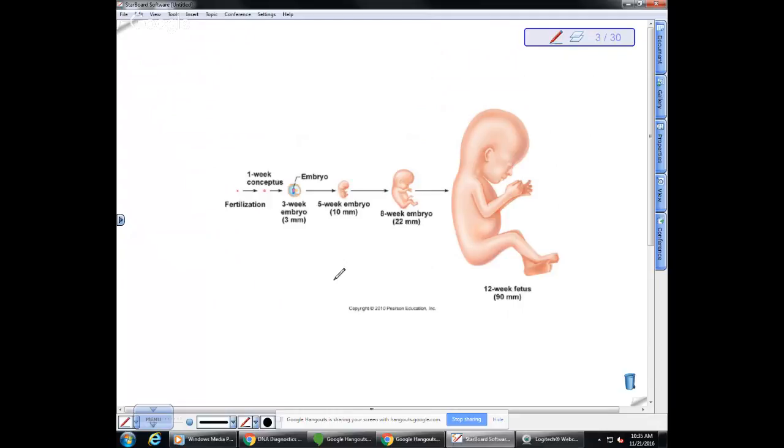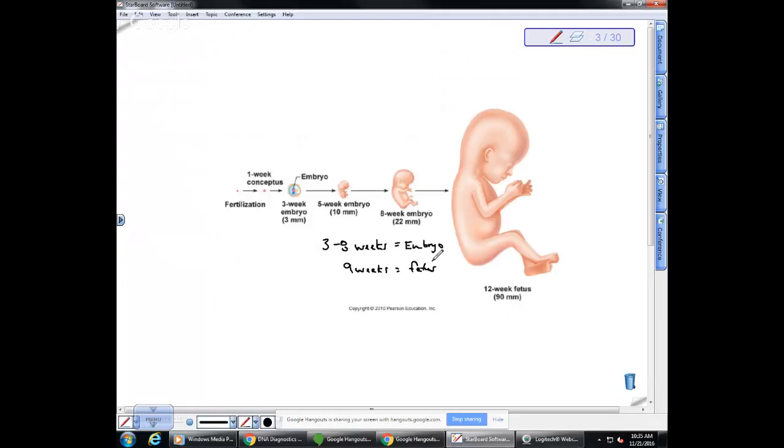Then between 3 weeks and 8 weeks, we have the embryo. And then after 9 weeks, it's called the fetus. Let me make sure that's right. Yeah, so week 9 to birth is called the fetus.